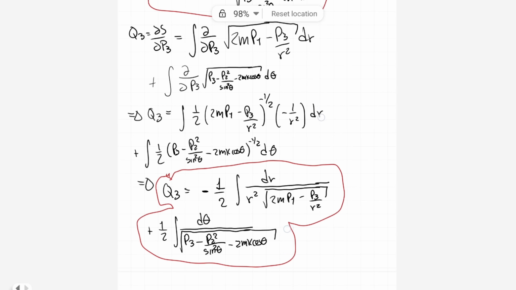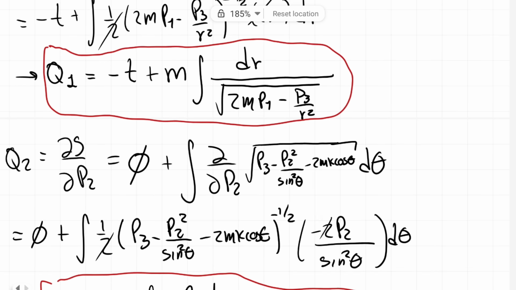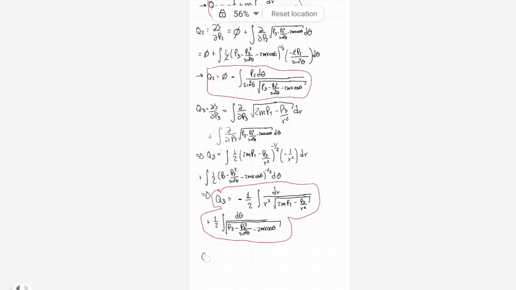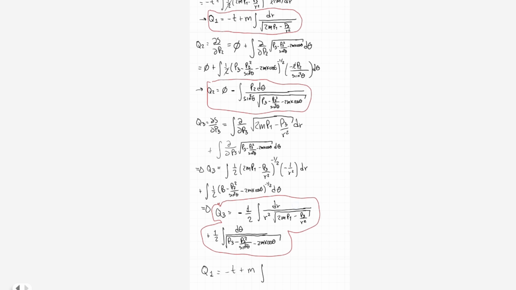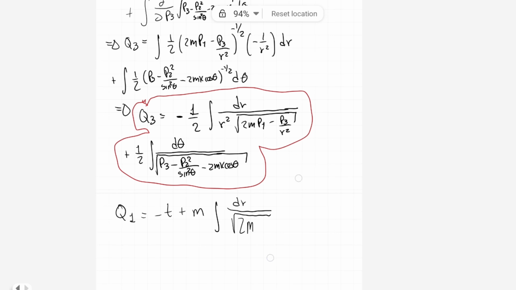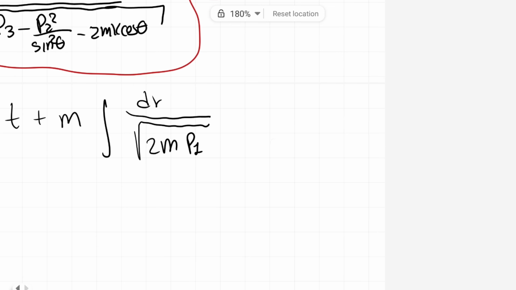So to be able to find an equation of motion in the spherical coordinates, we are going to use this equation that we found for Q1. So let me write it here. Q1 is equal to minus t plus m times the integral of dr divided by the square root of 2m(p1 minus P3 divided by r squared).